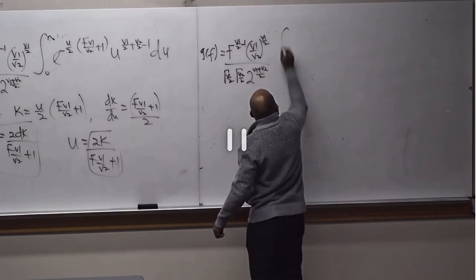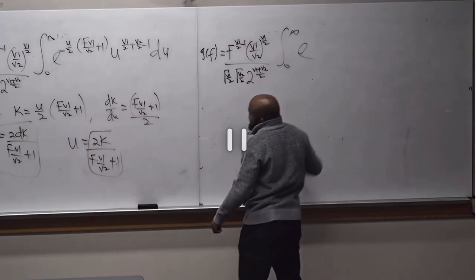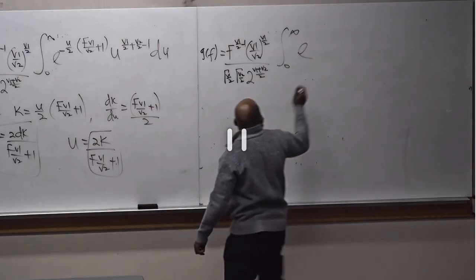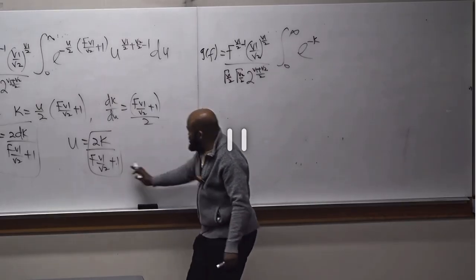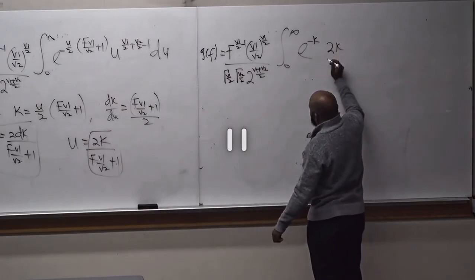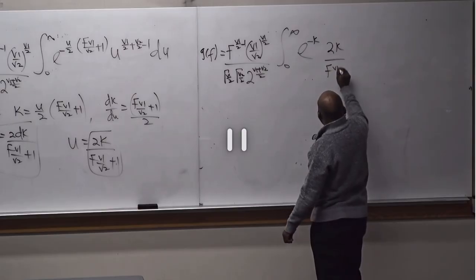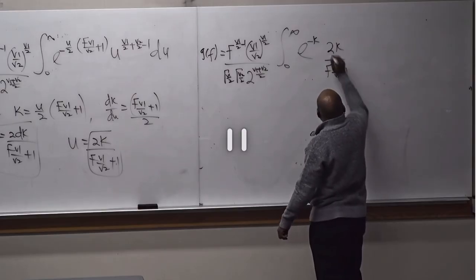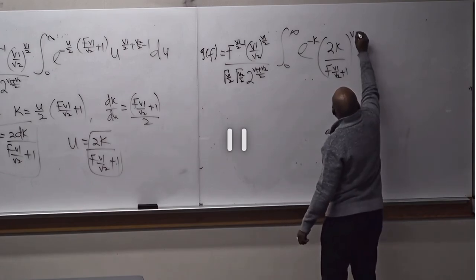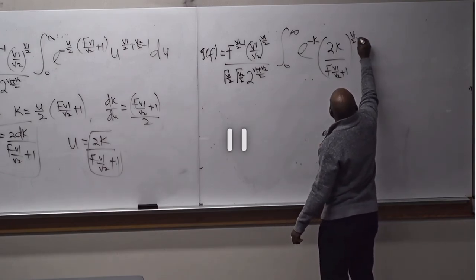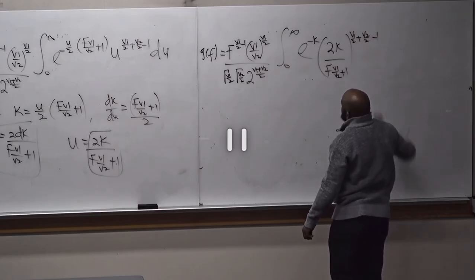Here, I'm going to have exponential raised to power negative K, because I said let K be that. And instead of U, I'm having 2K divided by (F V1 over V2 plus 1), everything raised to power V1 over 2 plus V2 over 2 minus 1.